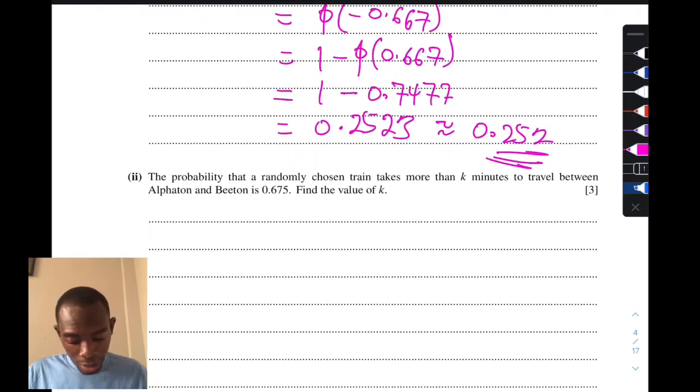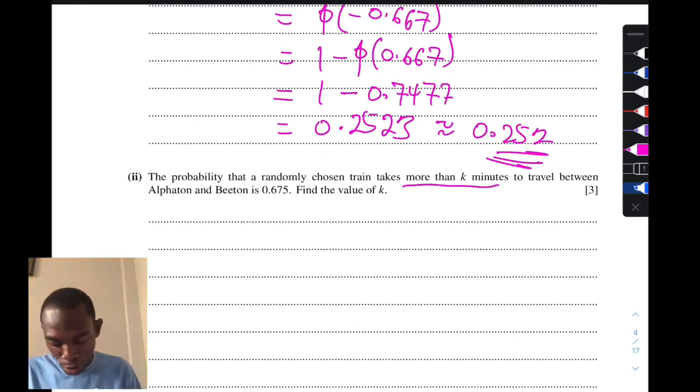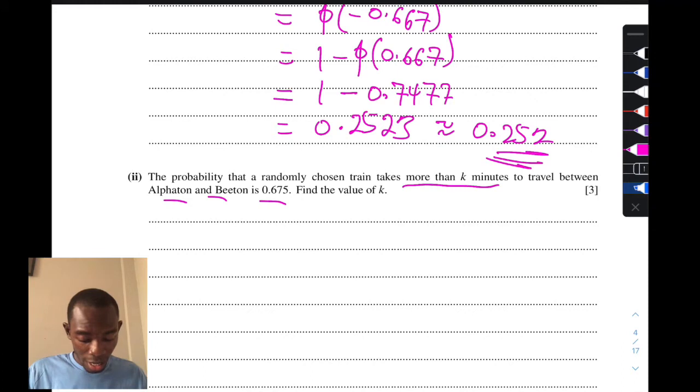Now the next part says find the probability that a randomly chosen train takes more than k minutes to travel between the two stations. Then that probability is 0.675. That is really close to a critical value.